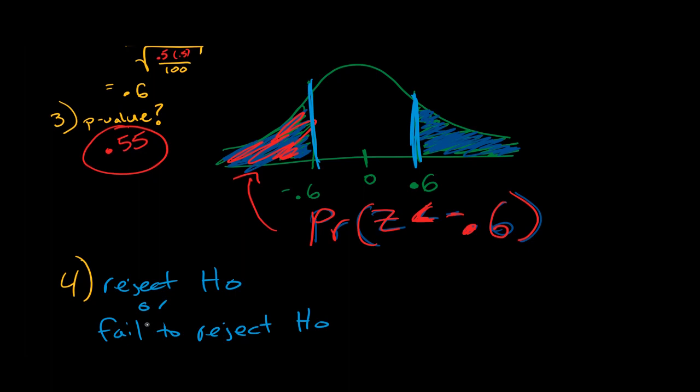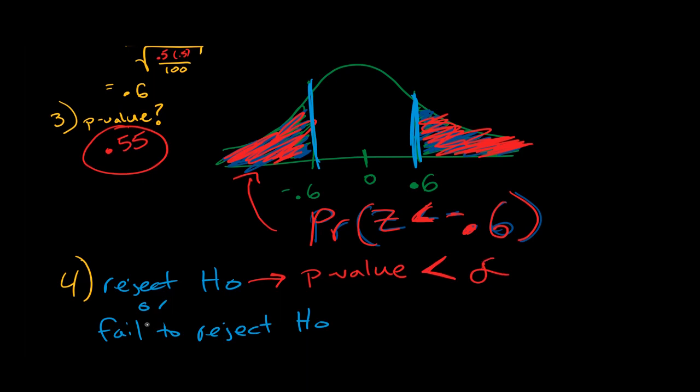If it's really extreme, then maybe that test statistic actually doesn't come from this distribution, right? So if we have an extreme test statistic value, that means that this p-value area here is really small. So we reject the null hypothesis when the p-value is small. How small? When the p-value is less than alpha.